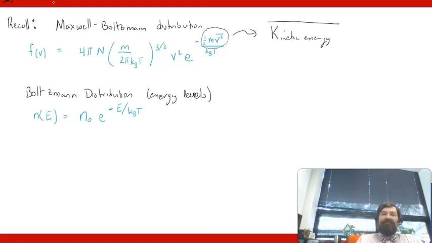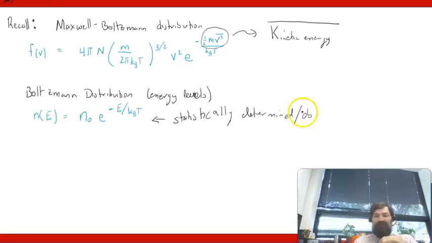We just have some additional factors out front that play into this n naught term. And of course this is a distribution in terms of speeds, and this is a distribution in terms of energies. So they're not the same distribution, but in some sense this one is statistically determined or observed, and the one above is derivable from this.